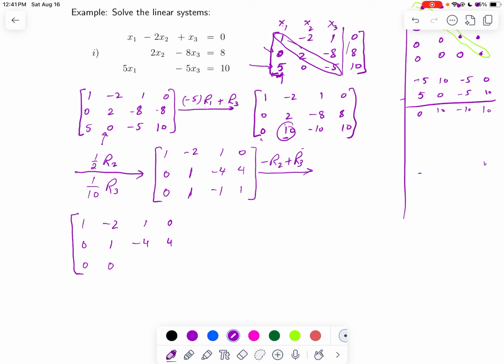Now when I multiply the second row by negative 1 here, I get negative 1 times negative 4 is positive 4, and then I have negative 1. 4 minus 1, so I have 3, and then I have 4, negative 4 plus 1. So I have negative 3.